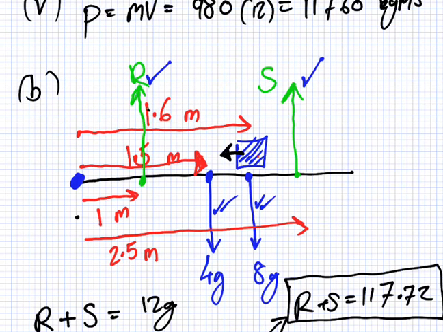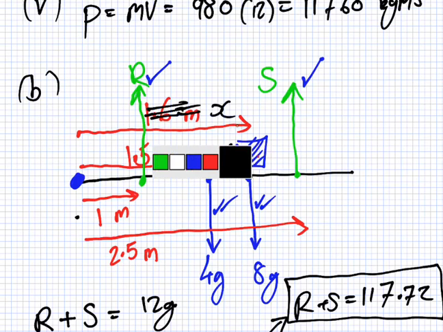So in other words, it's no longer 1.6, let's just call it X. And they're saying here that this block, if we picture it here, is being pushed until what?